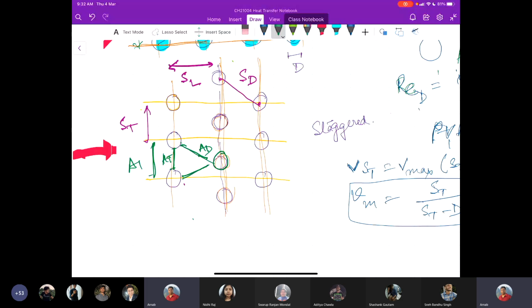These diagonal distances are basically AD, and the diameter of the tube is capital D.